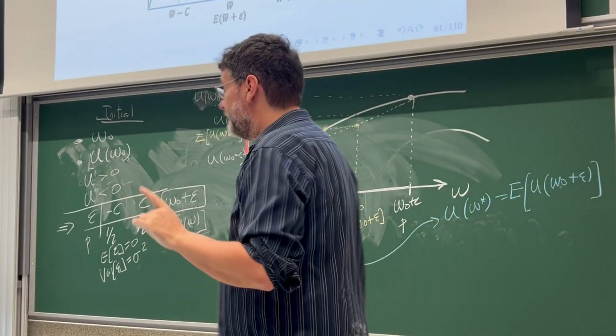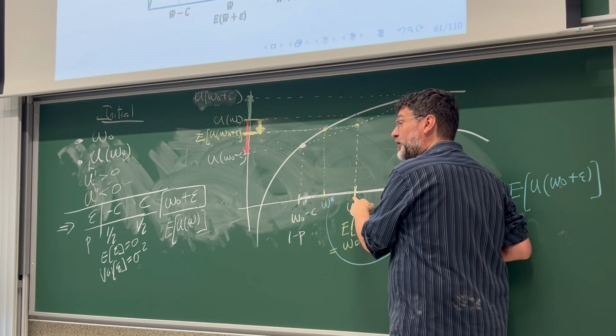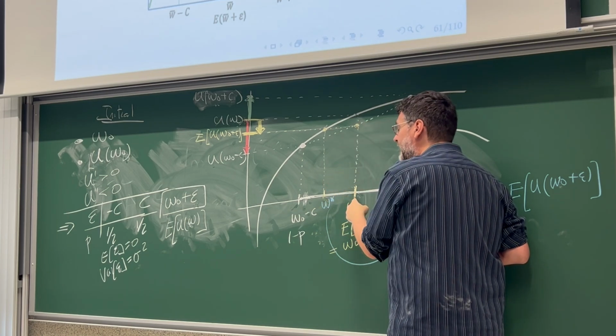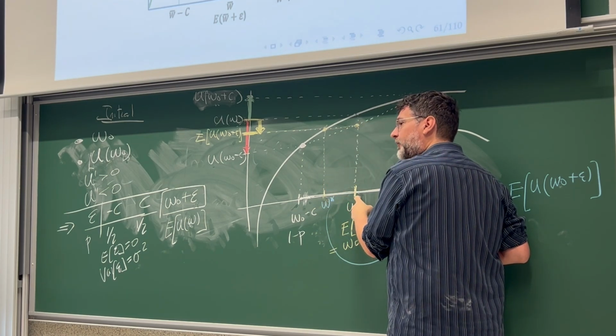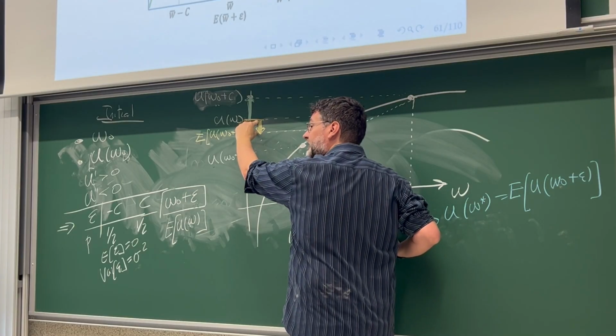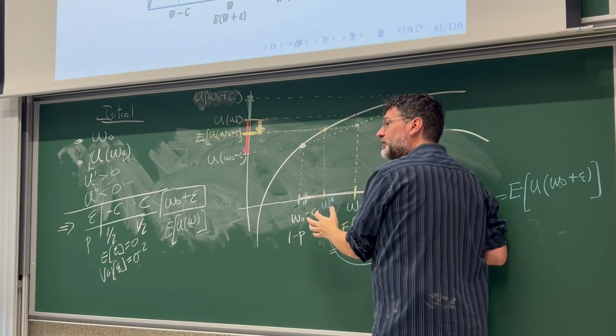In other words, as a risk-averse individual, I will never take this game voluntarily. If you force me to take this game, I will experience a reduction in utility. And that's equivalent to taking an amount for sure.